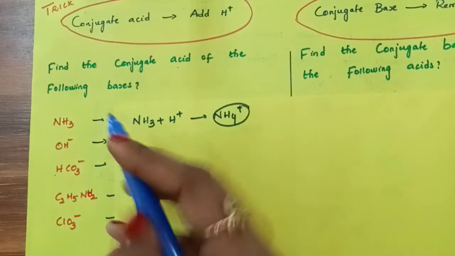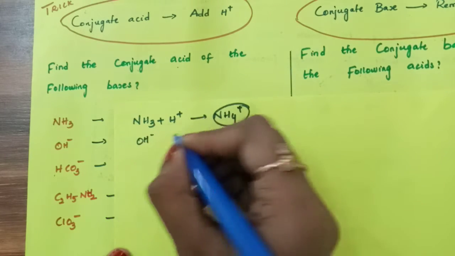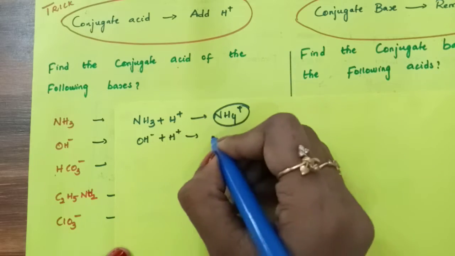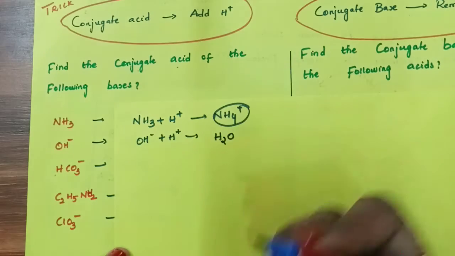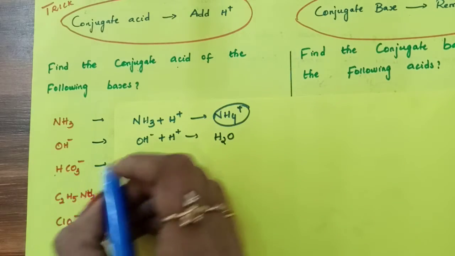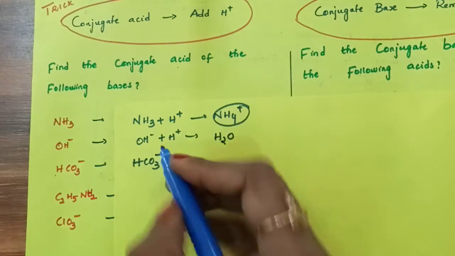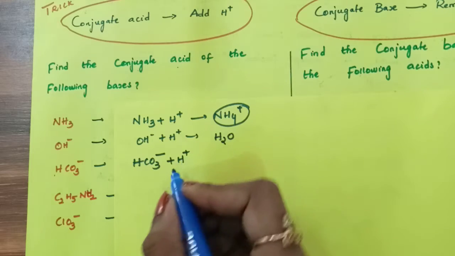If you add an H plus ion to the base OH minus, what's your answer? H2O. Then, adding H plus ion to the base HCO3 minus, plus and minus cancel, giving H2CO3.